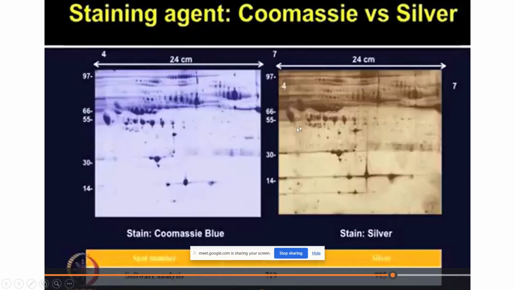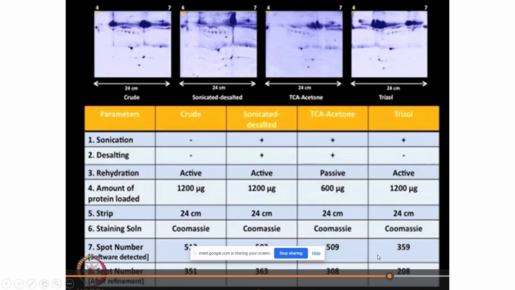For staining technique, you will visualize a greater amount of proteins with silver staining. You can see all these are the same samples, but with a change in pre-processing, crude, sonicated, TCA. So you can clearly see the differences in the pattern of separation.